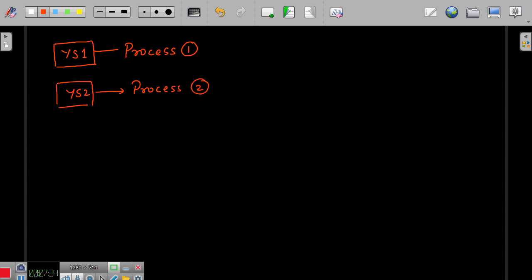Now when I say like this, you know what exactly process 1 does. Process 1 basically is to turn on a motor. It has to turn on a motor when two sensors operate. That means sensor S1 and sensor S2 operate, and please note that these sensors give momentary signals.